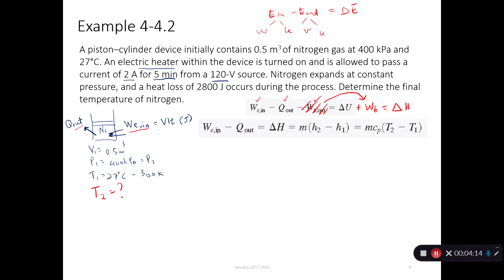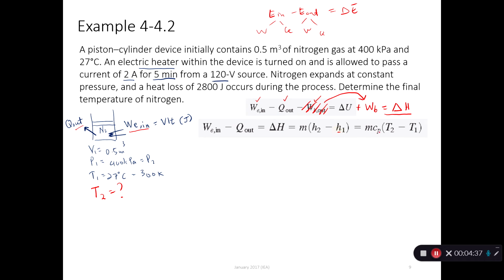So we have work in minus Q out equals to, straight away, take delta H. And delta H is mass H2 minus H1. Remember, capital letter has multiplied with mass. So this is how you put it, and H2 minus H1 is Cp delta T.